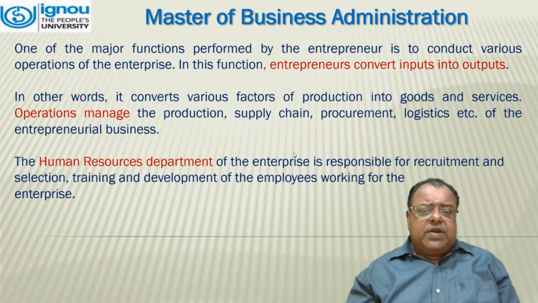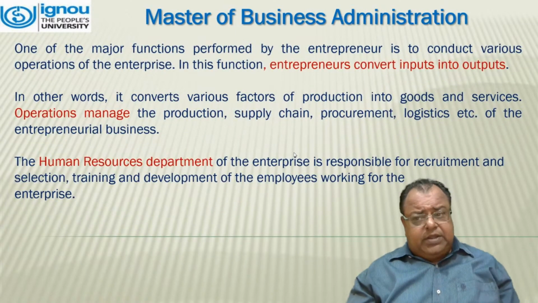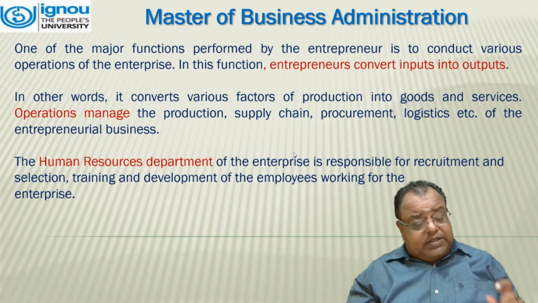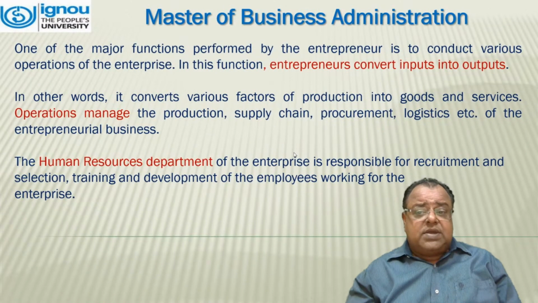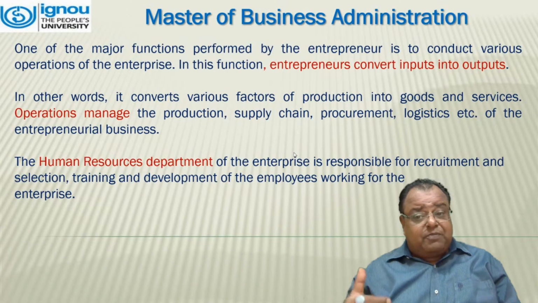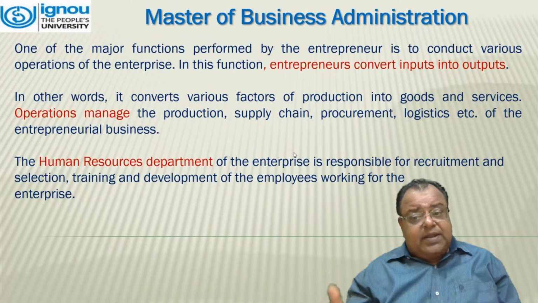One of the major functions performed by the entrepreneur is to conduct various operations of the enterprise. In this function, entrepreneurs convert inputs into outputs. In other words, they convert various factors of production into goods and services. Operations manage the production, supply chain, procurement, logistics, etc.